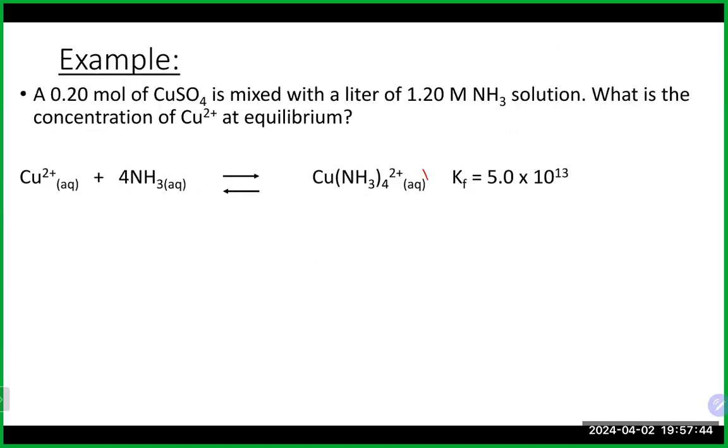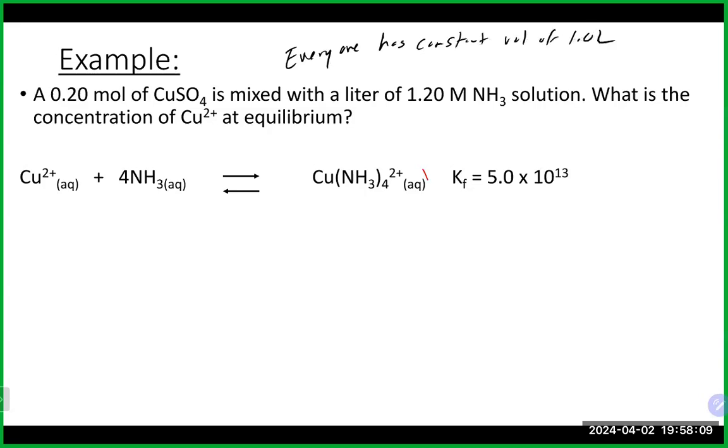All right. So let's take a look at this problem together and talk about how we should approach KF problems, which is a little bit different than some other problems. We're going to assume in this particular case that everyone has a constant volume of 1 liter.